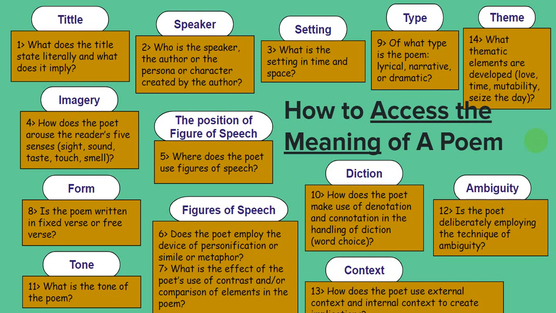Actually, to access the meaning of the poem, you have to recognize some structure. I mean, the structure of the poem. Okay, just let's see. The first one is you need to recognize the title. What is the title? And then after that, what should you do with the title? What does the title state literally and what does it imply?